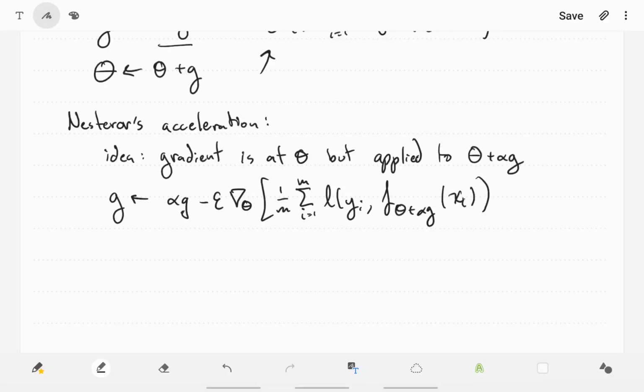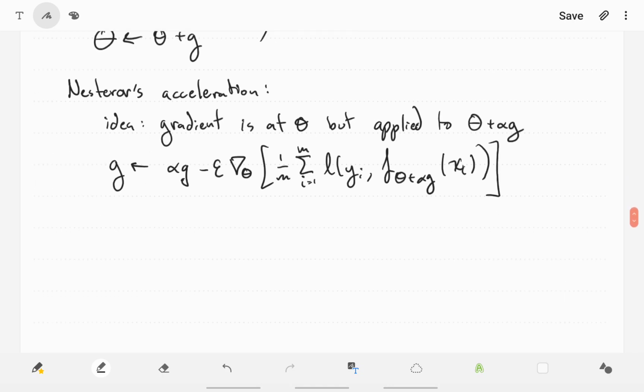So we're just going to apply it to the gradient here. So this is the basic idea behind Nesterov's acceleration. And we have both theoretical and experimental evidence that Nesterov acceleration actually can improve things significantly. Okay, so that's another idea.